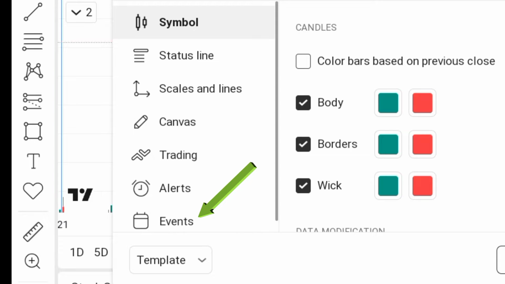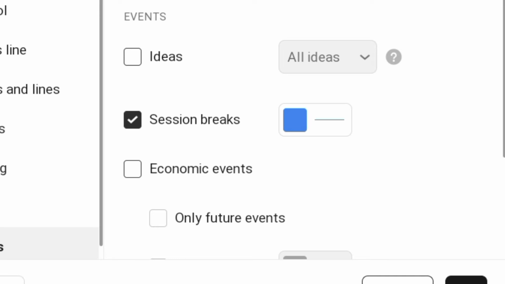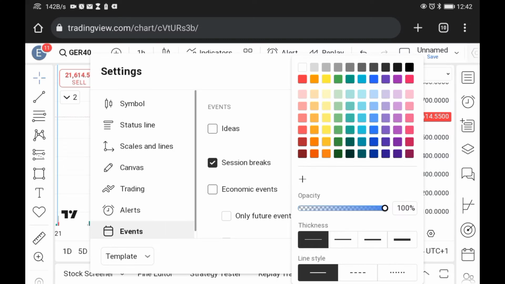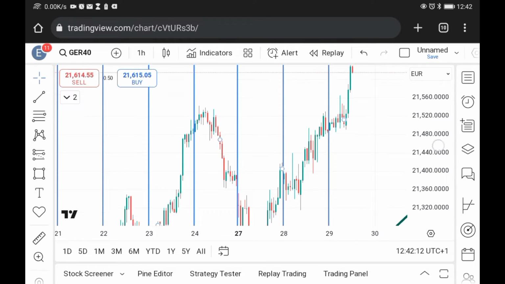Once it opens, I'll click on event. Once I click on event, the interface will open like this. Once it opens, I'm going to choose section breaks. Then I can change the line to whatever I want. Then I'll click on OK. So right now the section breaks is already on my chart.